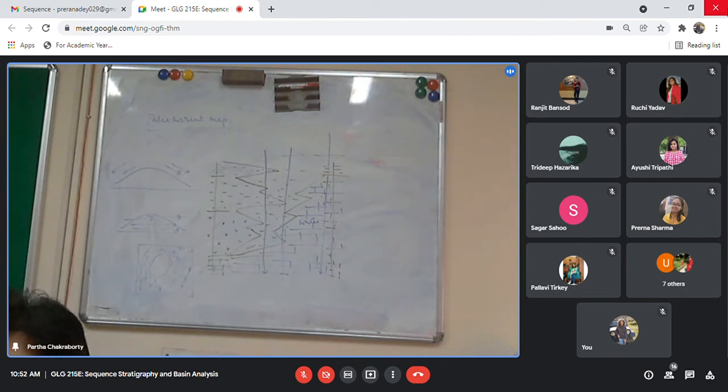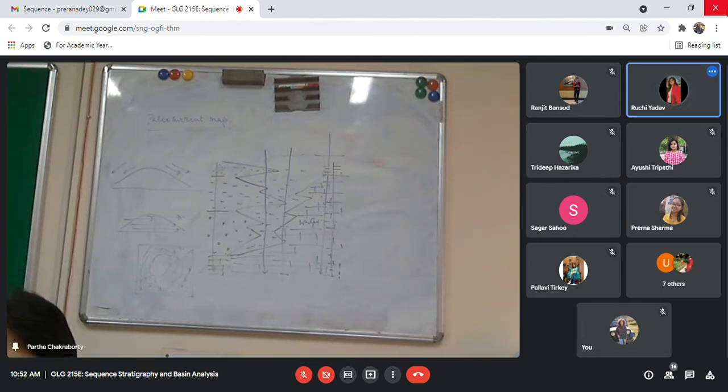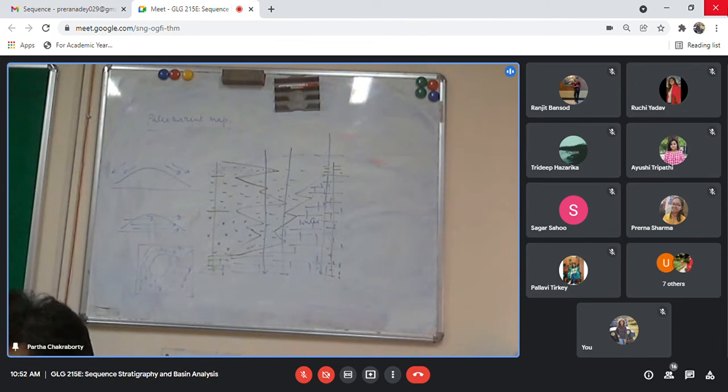And what is a trap? When a reservoir rock has physically trapped oil, then you call it a trap. Get this definition clear, otherwise in any interview you will be in trouble.